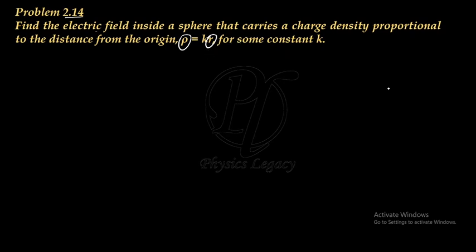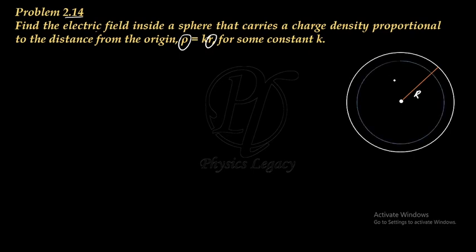So to find the E field, consider a sphere on which charges are distributed, and the radius of this sphere is represented by capital R. We have to find the E field inside this sphere. So we consider a Gaussian surface in the form of a concentric sphere, and the radius of this sphere is represented by small r.